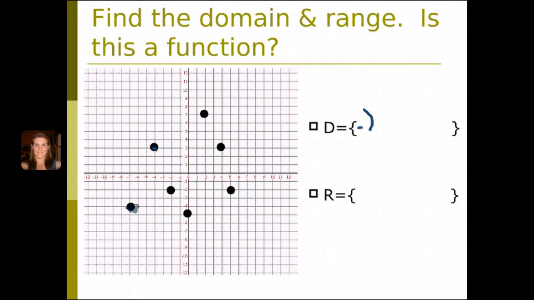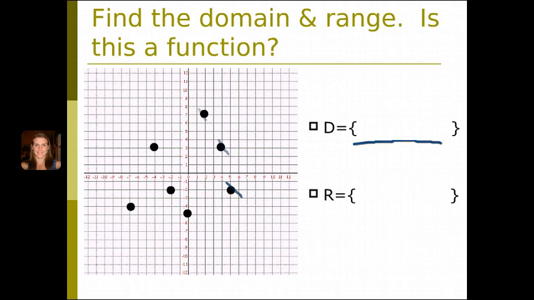Our next value is going to be -4, -2, 0, 2, 4, and last is 5. So those should be written in order from least to greatest for your domain.